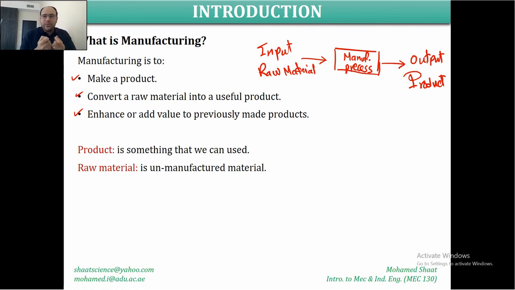We can even do manufacturing by hand. As I mentioned, if you glue things here by hand, this is hand making. It is also a manufacturing method. So manufacturing doesn't necessarily require special machines or tools. We can do manufacturing with bare hands. Again, manufacturing is making changes to any material. This is something that can be added to this list as a definition of manufacturing.